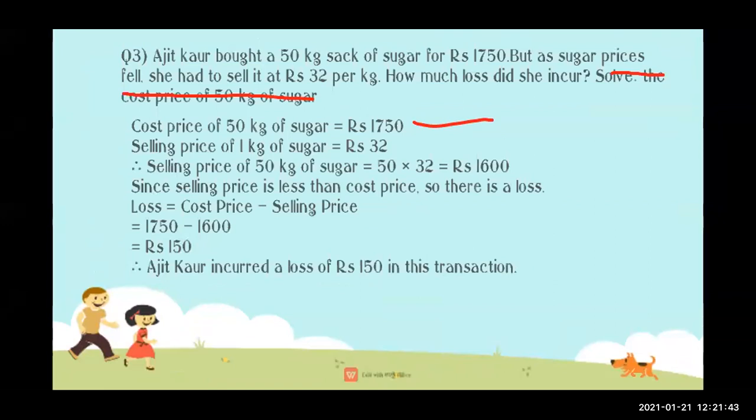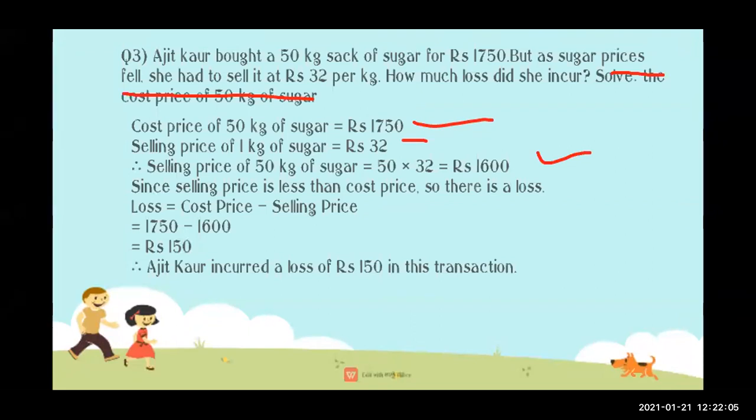Now the selling price of 1 kg of sugar is rupees 32. So the selling price of 50 kg of sugar we have to find out. So 50 should be multiplied by 32. As we multiply 50 by 32, we are getting the answer as 1,600.